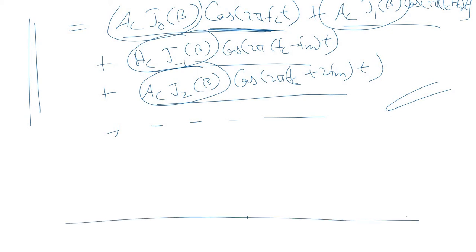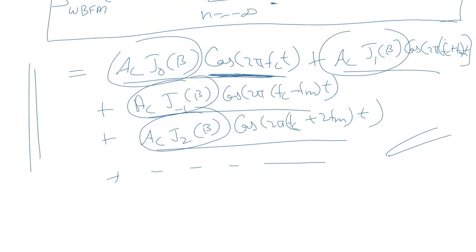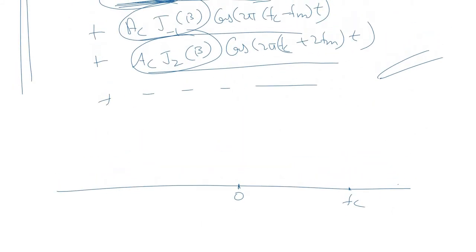So if you analyze the spectrum, let's say this is the origin point. At f_c, which is the carrier frequency, the amplitude is A_c J_0(β) divided by 2.